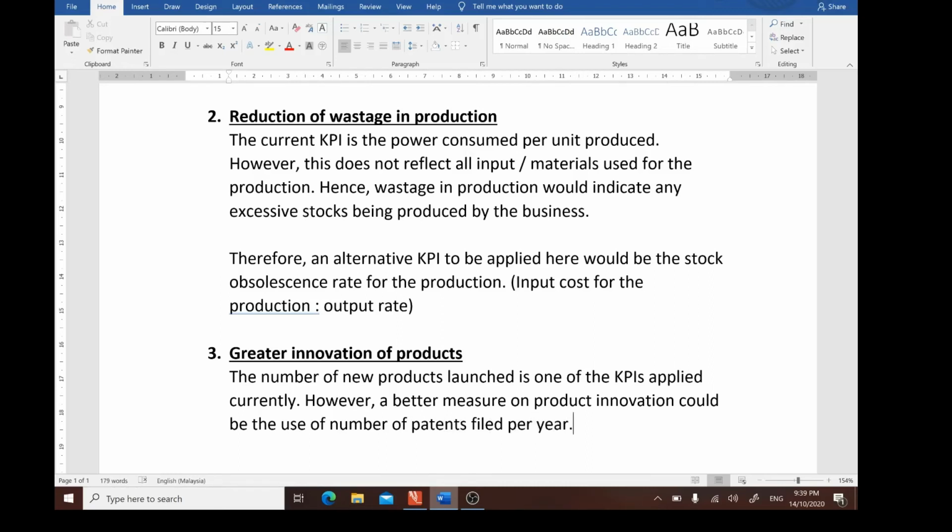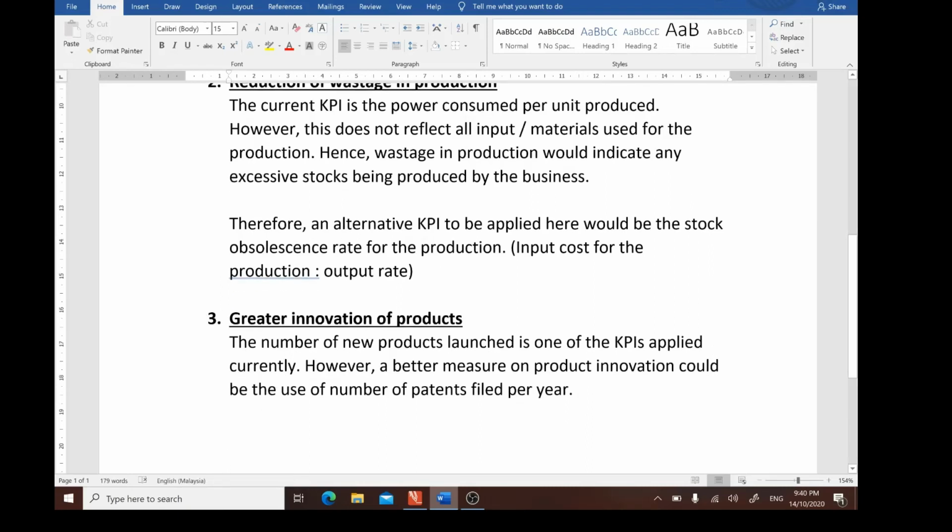That will be good in a way for us to see that if you really want to know any new products coming out, this is one of it. Now, of course, we'll be able to see the alternative KPI as well.